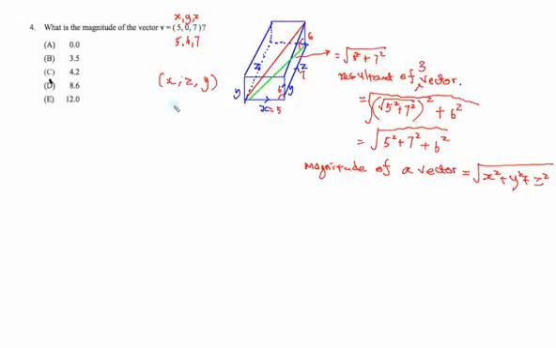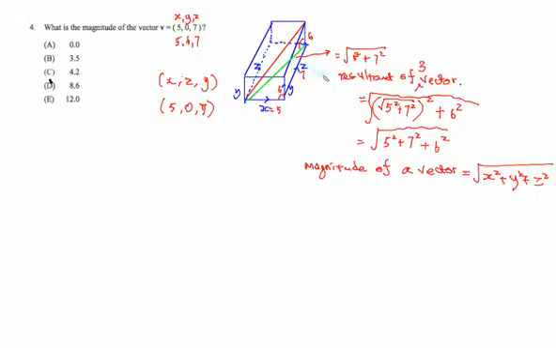So what happened? X is 5, z is 0, and then y is actually, wait, this 7. Let's say I redefine it. X is 5, z is 0, y is 7.